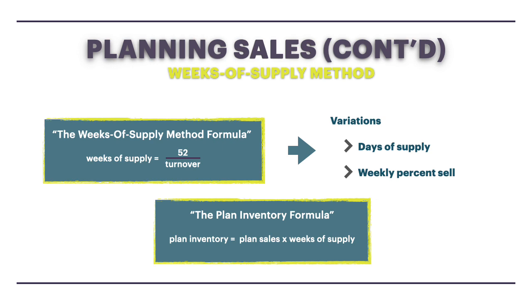For the weeks of supply method, the formula is to take your weeks of the year, so there's 52 weeks in a year, and divide that by your turnover. This is going to give you your weeks of supply. Now, your planned inventory formula is calculated by taking your planned sales and multiplying that by the weeks of supply.